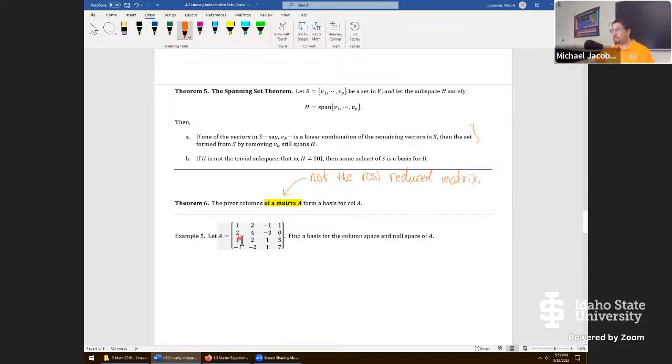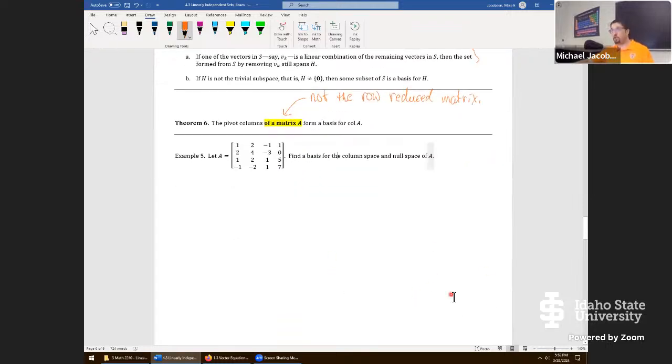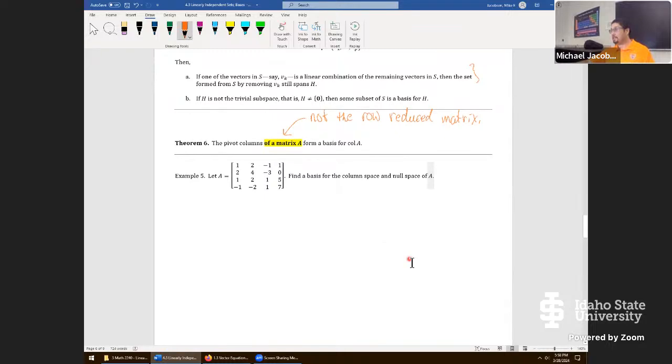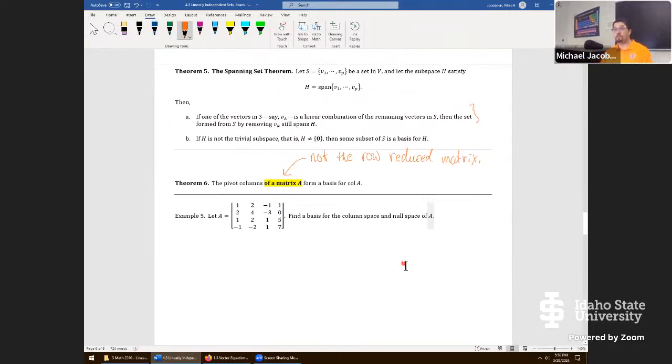So we have to go back to the original matrix A, find out what the pivot columns are, and pull only these columns. It's tempting to take the columns from the row reduced matrix because that's where you'd be looking after you finish the problem, but those can be, and specifically in this problem are, the wrong columns to grab. Well, any questions, folks, with the work we're about to try on example 5?